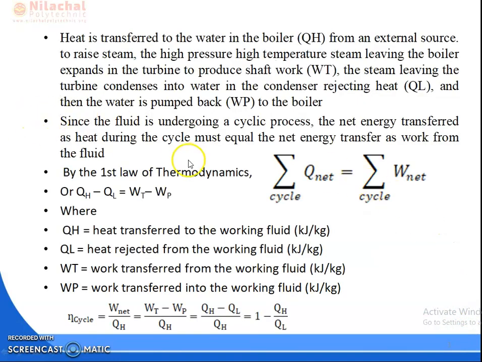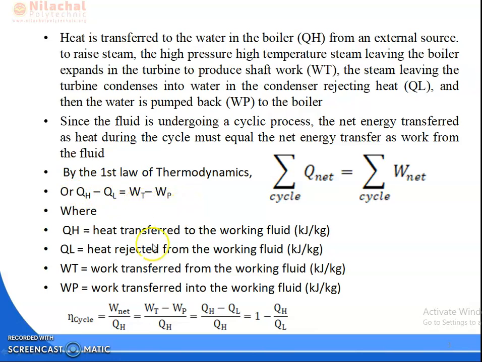To find the efficiency using the first law of thermodynamics, we know that for a cycle, net work done is equal to net heat transfer. Net heat transfer is heat supplied QH minus heat rejected QL, which equals WT minus WP.